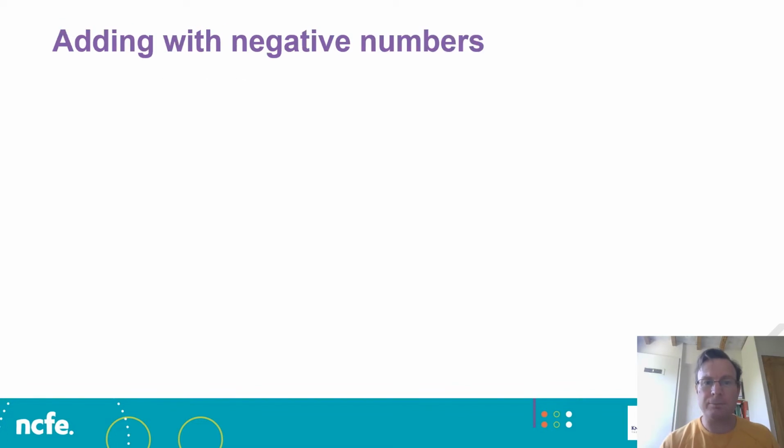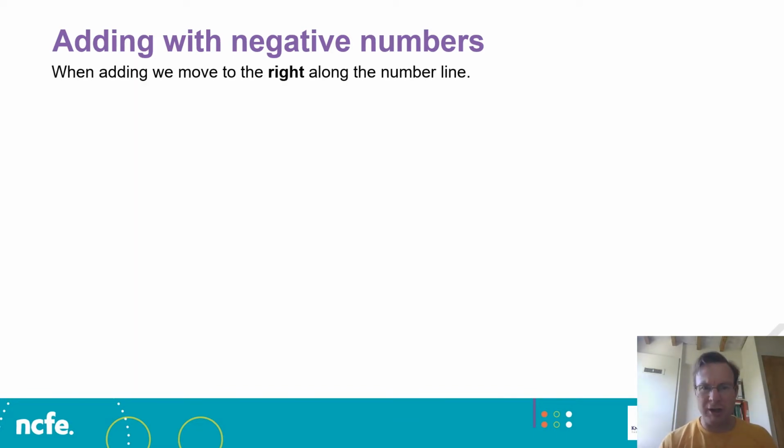So now we're going to think about adding with negative numbers, and this is quite a difficult concept to get your head around, and this might be a point where it really is important to draw your line out. So get your line ready. You've got 0 in the middle, positive on one side and negative on the other side. However you do it, 0 in the middle, let's have a good 10 on the positive side and a good 10 on the negative side.